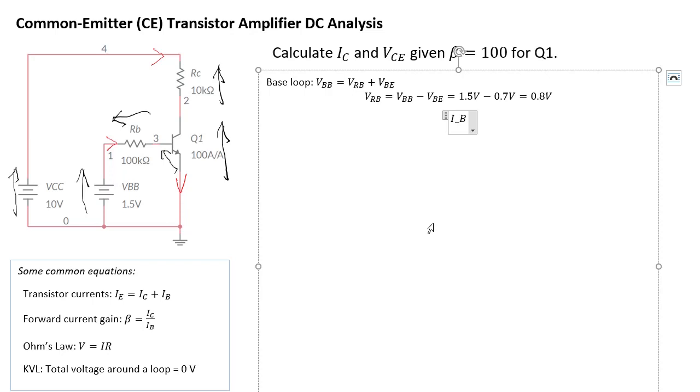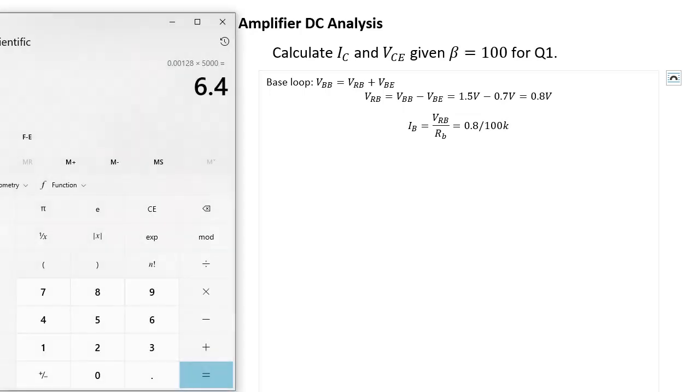Through Ohm's law, I equals V over R. So IB is VRB divided by RB, which is 0.8 volts divided by 100K, so 0.8 divided by 100,000.